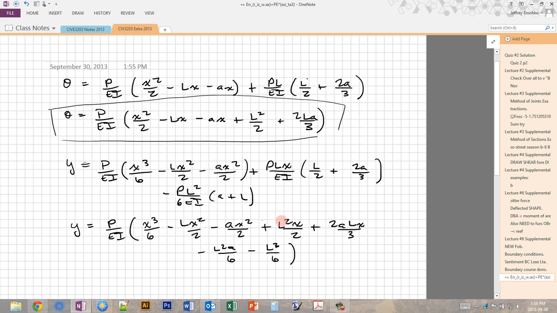And we could maybe simplify this a little bit more, but probably not too much. We can maybe take the L and the x out and put some on the bottom. Alright, so that's your expression for y.